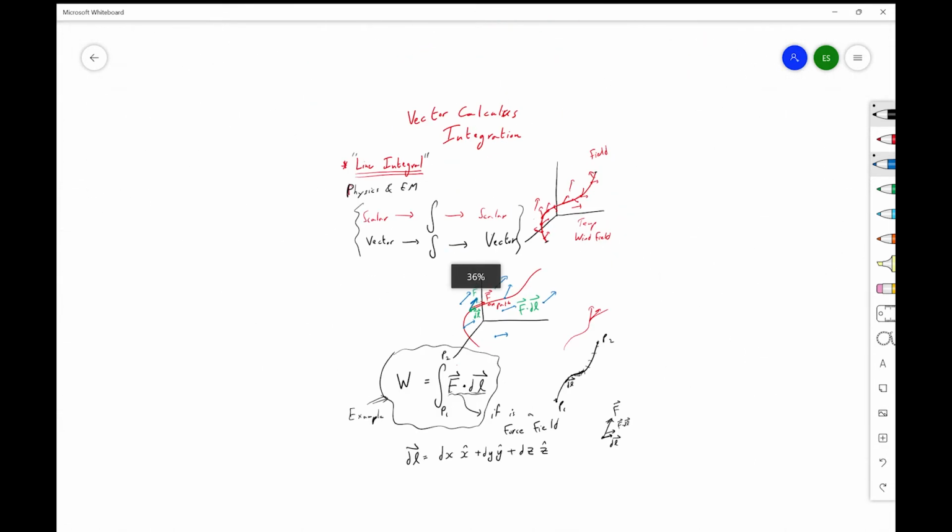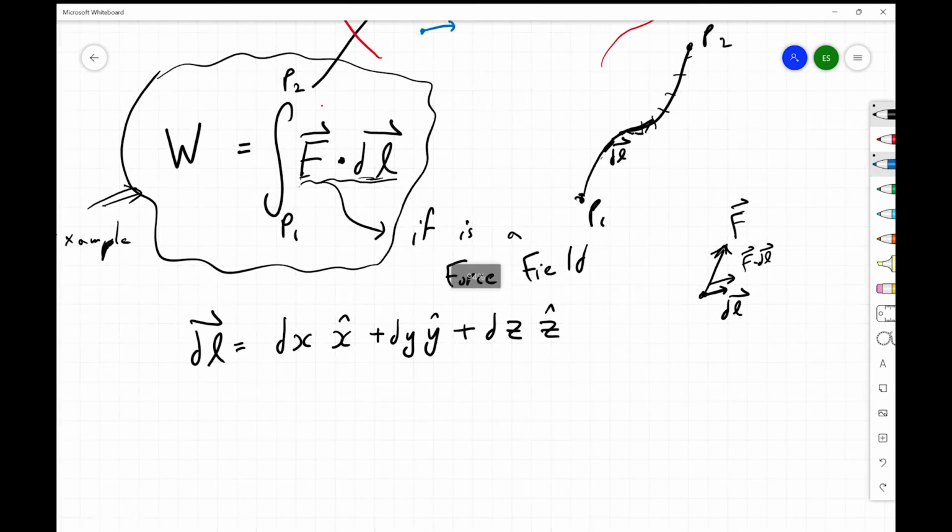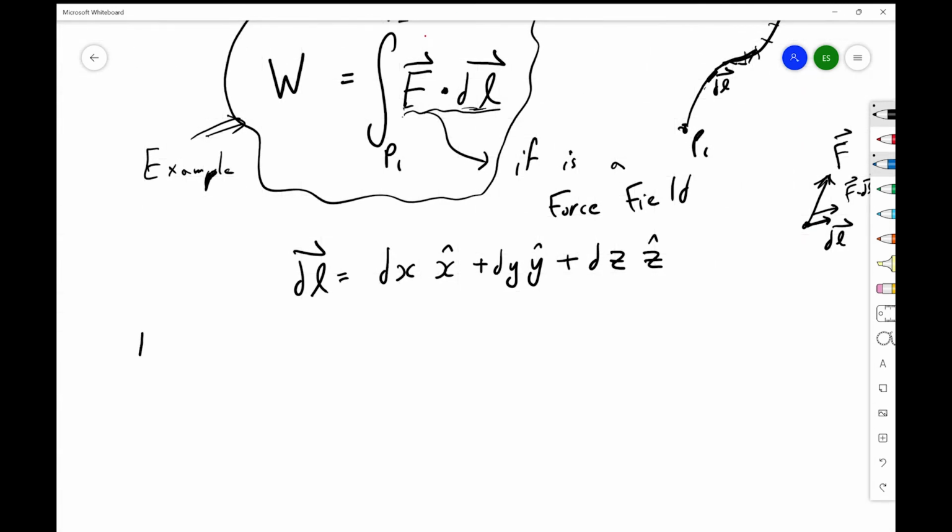But in general, the result of the integration is some scalar, Q. We're integrating over a curve. C stands for curve, and A is some vector field. It's a vector at every point in space.